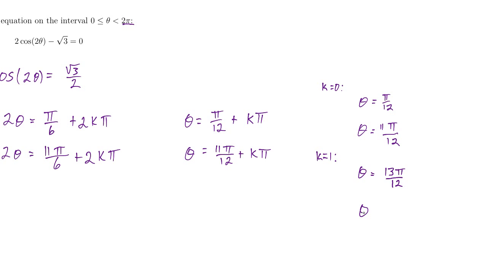And if I add pi to 11 pi over 12, I get theta is equal to 12 plus 11 is 23 pi over 12. And these are my four solutions. So my four solutions to this original equation on the interval from 0 to 2 pi are pi over 12, 11 pi over 12, 13 pi over 12, and 23 pi over 12.